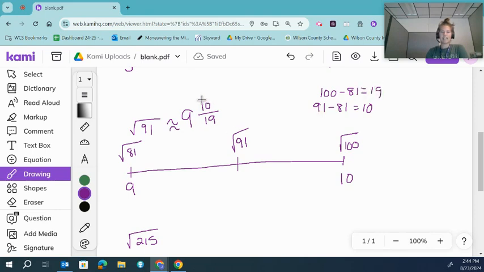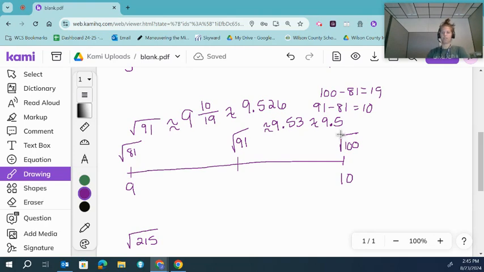It is 10 out of 19 spaces. Again, we'll estimate with our decimals. 10 out of 19 is 9.526. That 6 is going to tell that 2 to round up, so 9.53, or if you're rounding to the nearest tenth, it would be 9.5.